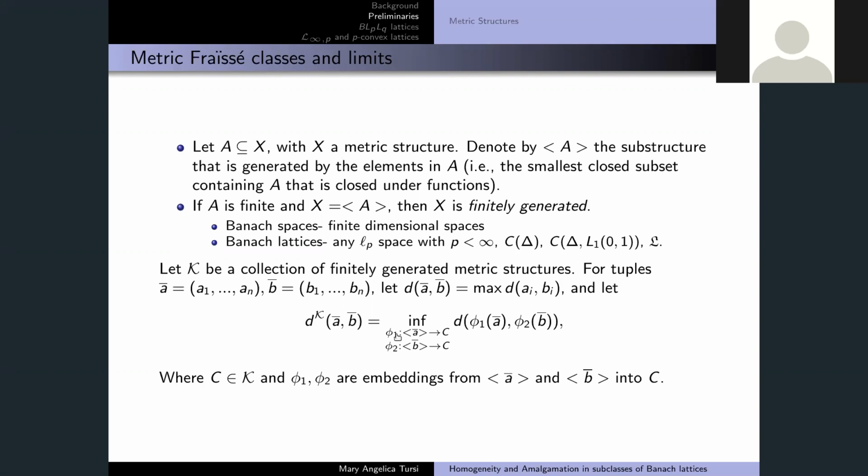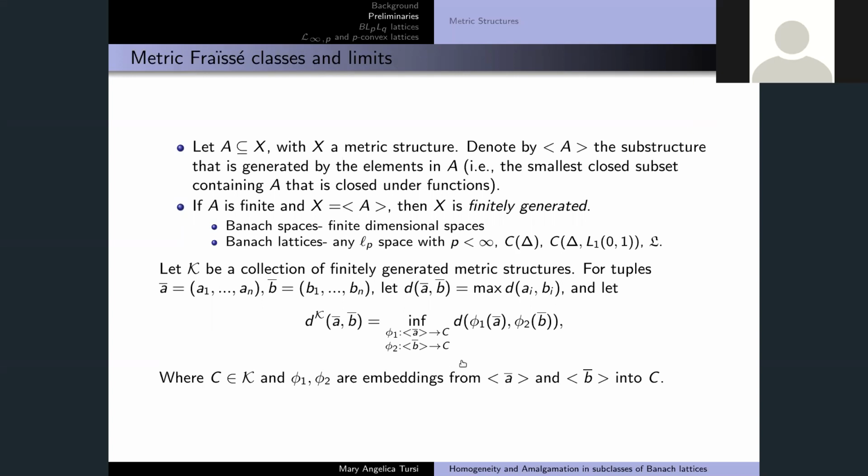In the case of Banach spaces, just think of distance. And we can define something that looks like a metric for these structures generated by the tuples by taking the infimum of the element-wise distance when the tuples are embedded into some third structure in K.